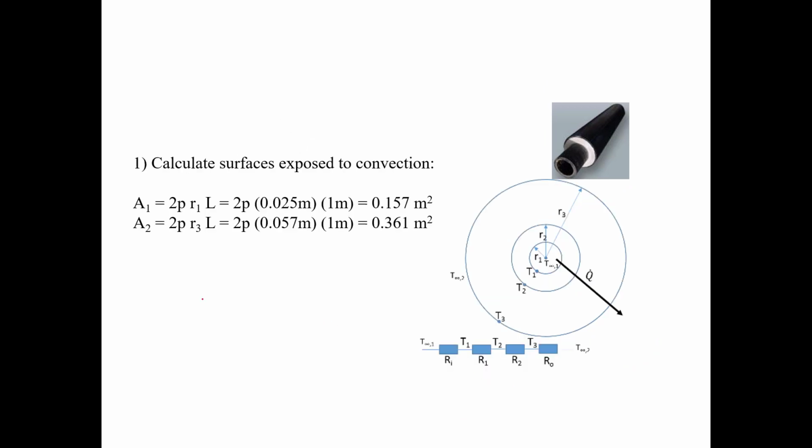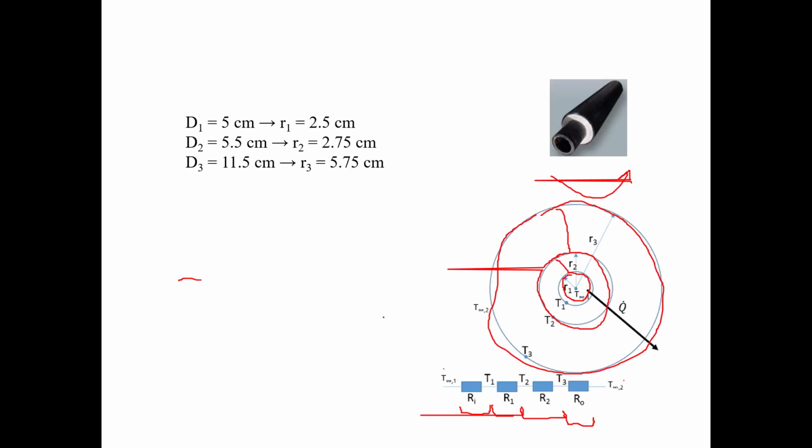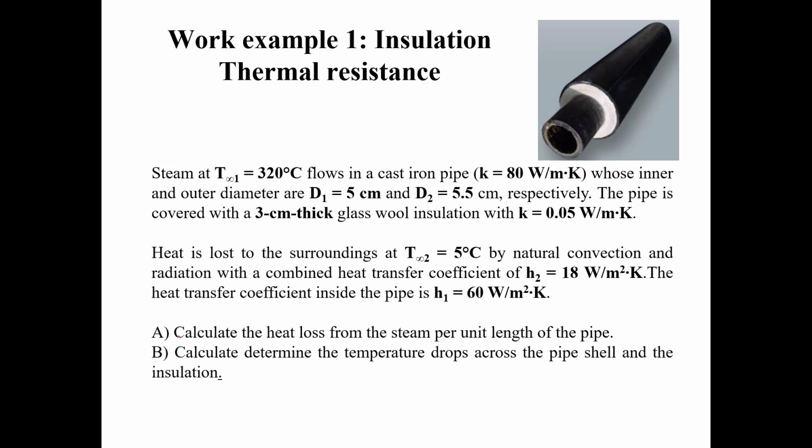So the first step that we need to do is to calculate the surface areas of this system. And if you go back to the question, in part 1, you are asked to calculate the heat loss from steam per unit length of the pipe.